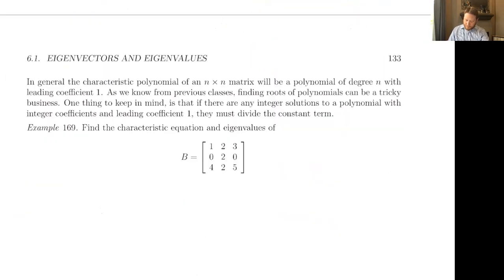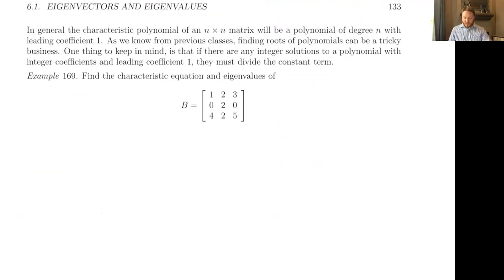Now, if I do a 3 by 3 matrix, let's find the characteristic equation and eigenvalues of B here. So I want to do the determinant of lambda I minus B. Now again, this is easy. You just take the main diagonal, and on the main diagonal, I'll just do lambda minus 1, lambda minus 2, lambda minus 5.